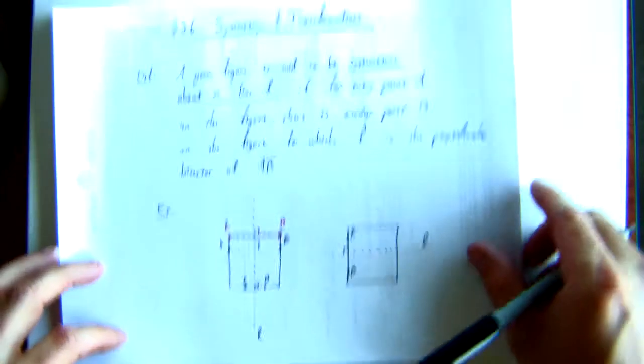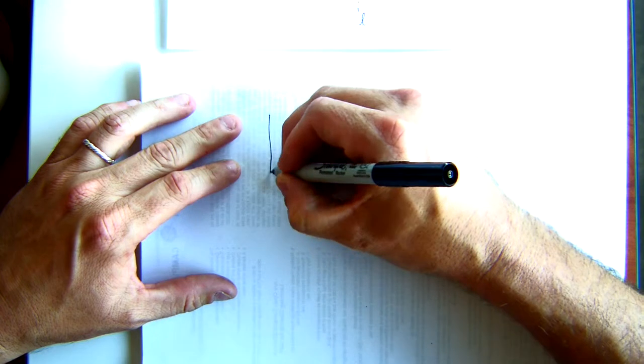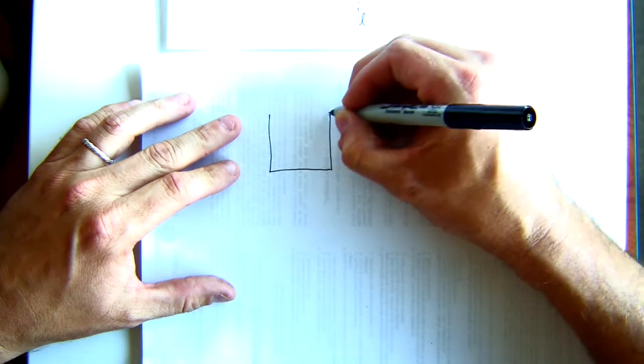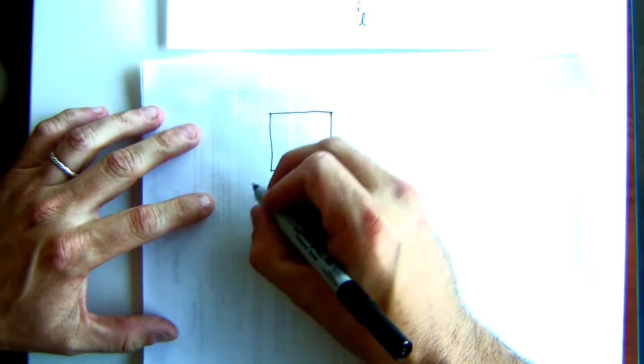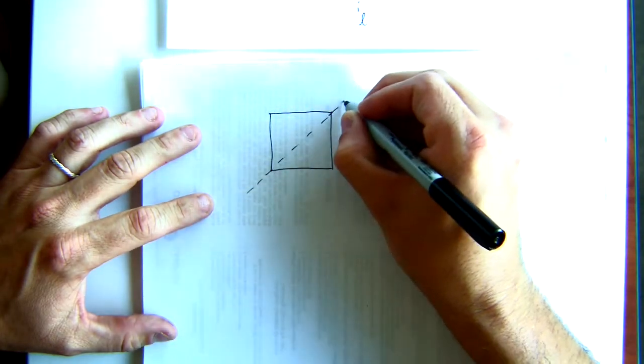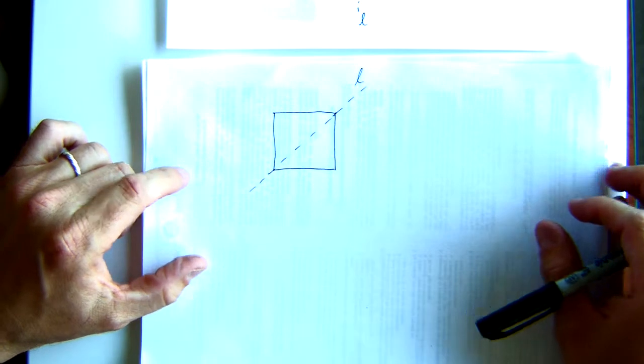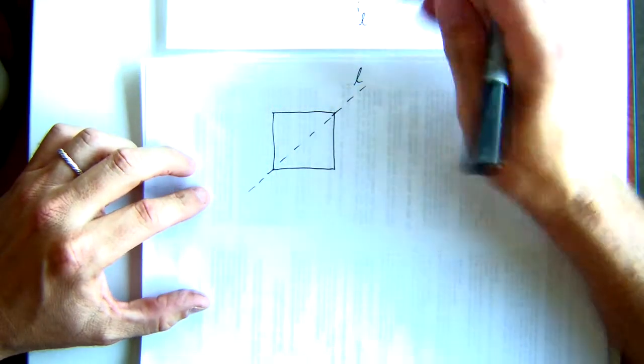There's one more line of symmetry for a square, or maybe two more, depending on how you look at it. Anyone think of what it might be? What if I drew this line? And this was my line of symmetry L. Now let's think about, does this follow the definition?